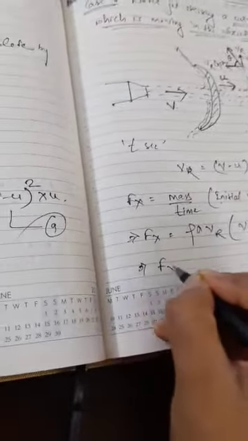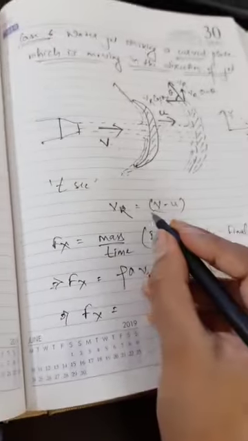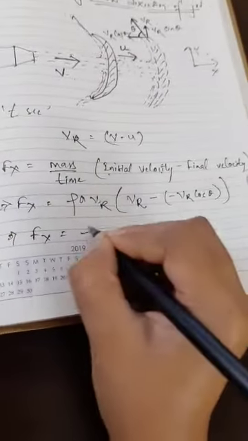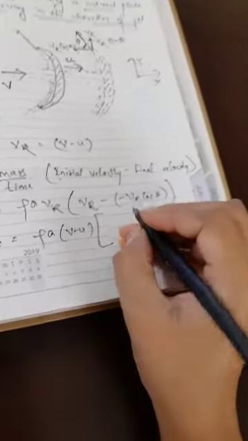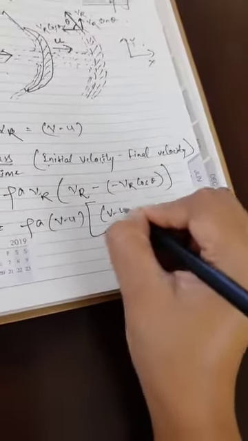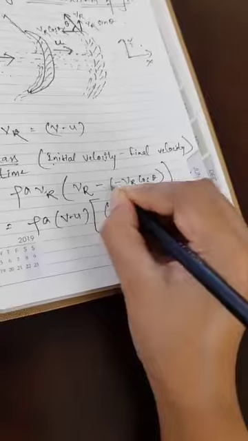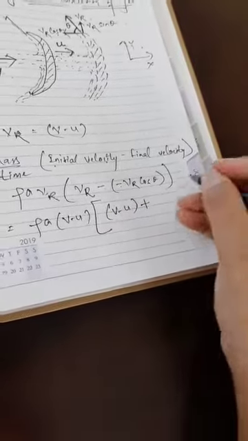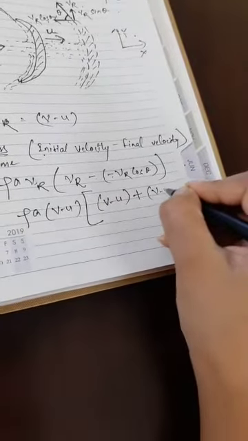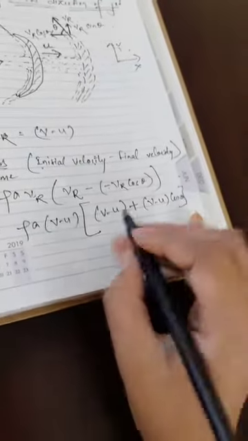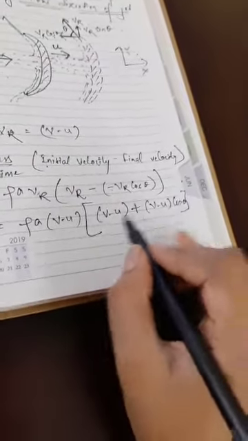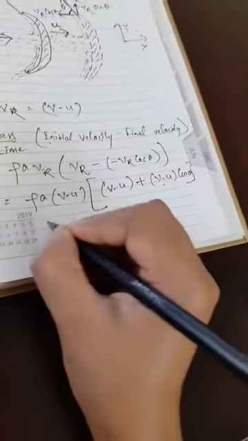So I will substitute vr as v minus u. So rho a v minus u, again vr is v minus u, the minus minus becomes plus, v minus u cos theta. So I can totally take v minus u out of the brackets.